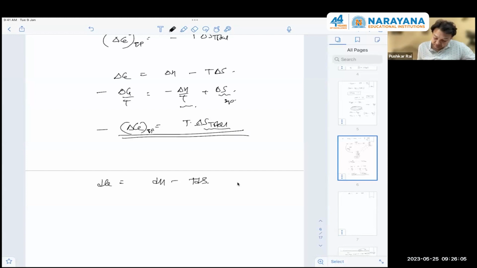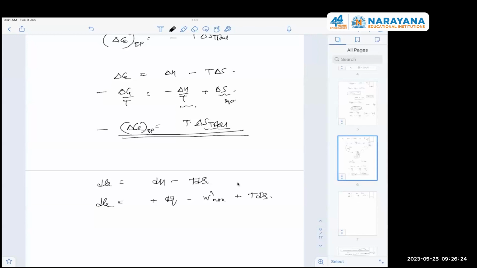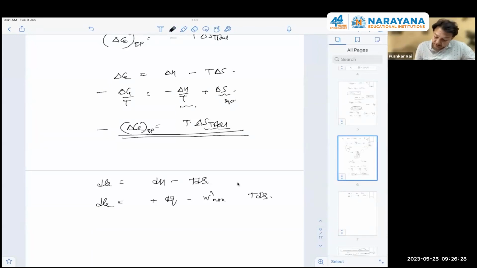So eventually we will get dG is equal to dq, if I remember, minus W dash non-PV plus TdS, minus TdS. We are at this point. All right.